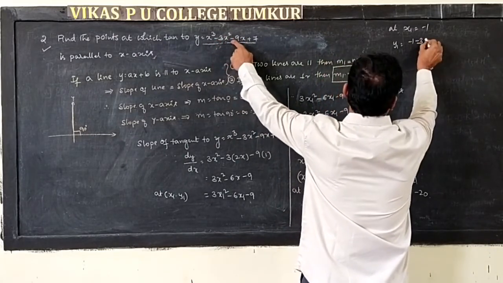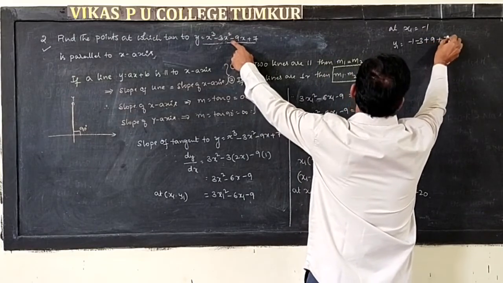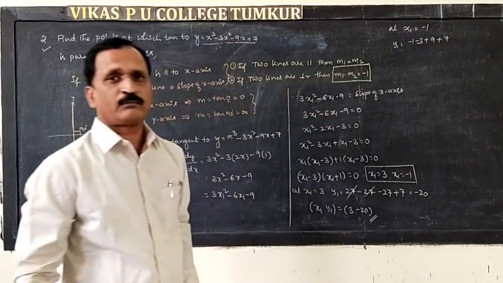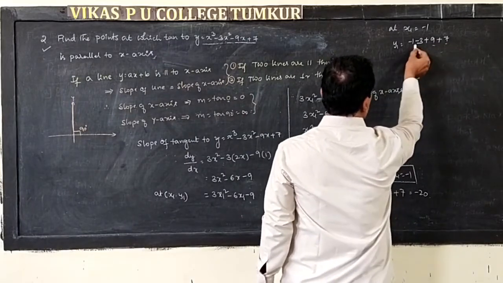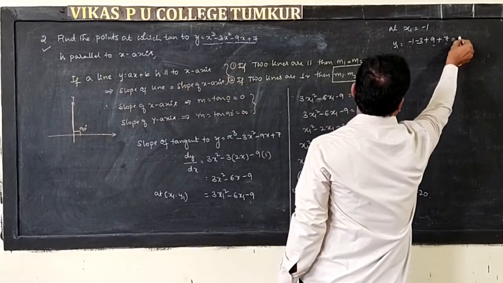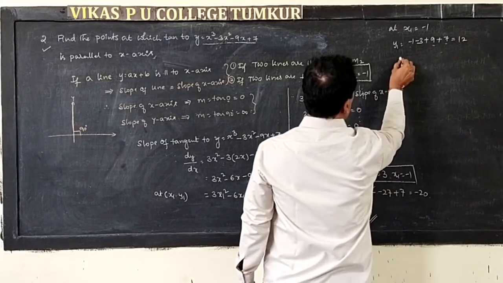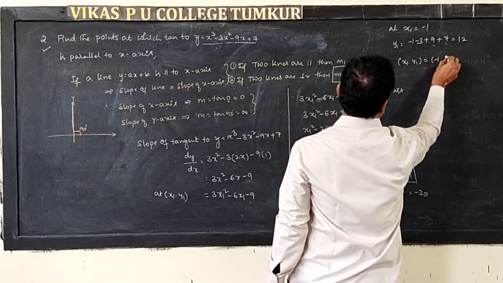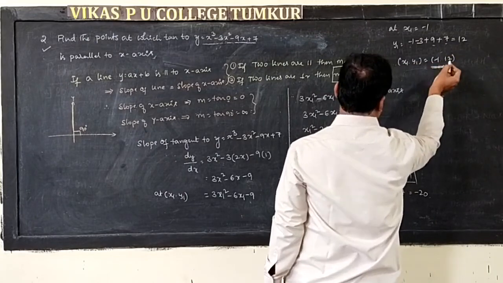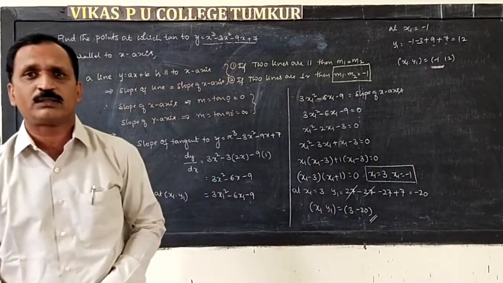Minus into minus, plus 9. Plus 7. 9 plus 7 is 16, 16 minus 4 is 12. So what will be the second point now? x1 comma y1 is equal to minus 1 comma 12, one more point of contact.